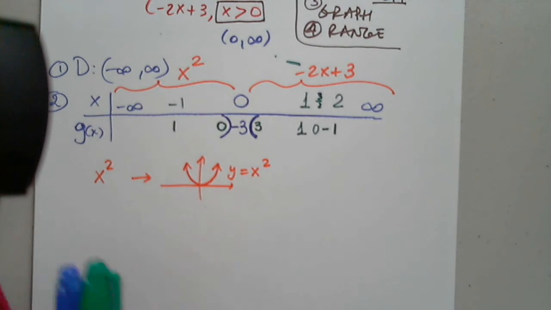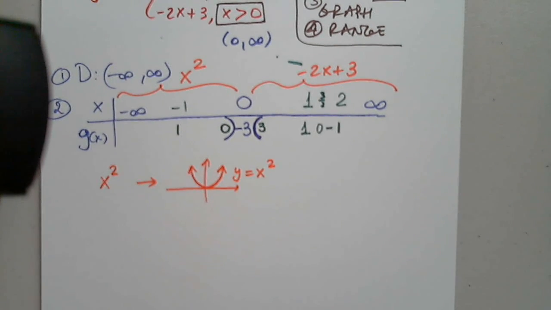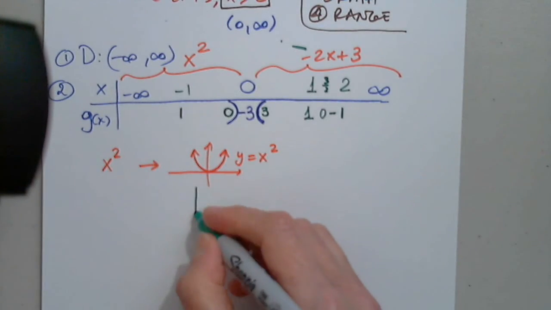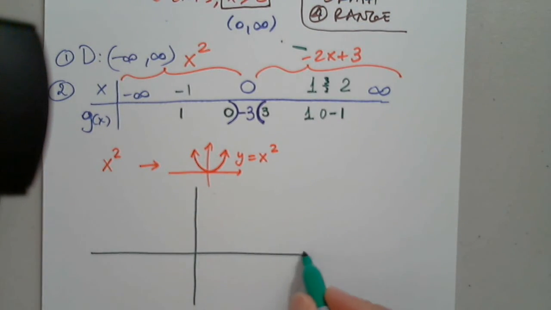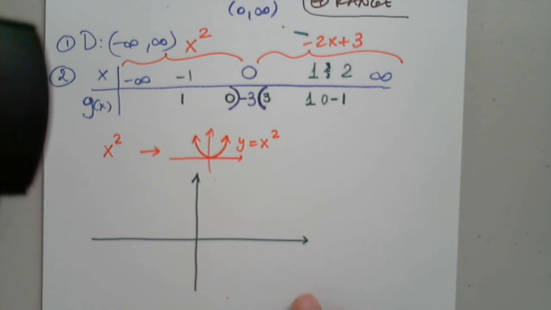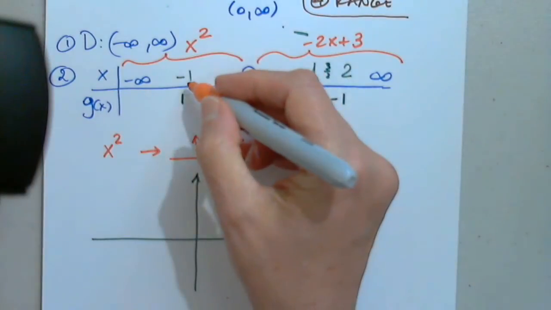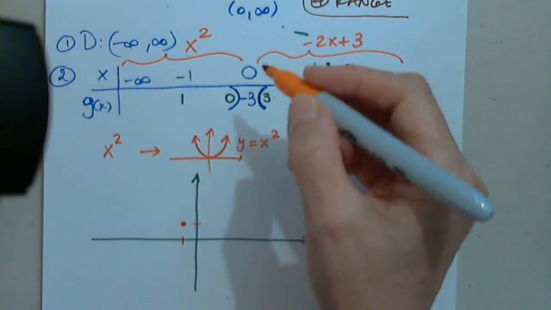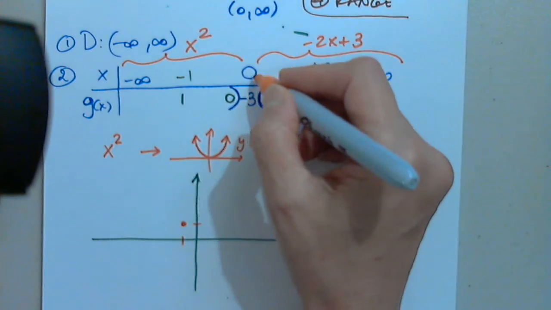I will use 3 colors so you understand that they cannot overlap. Here it is. That's why I'm kindly asking you to watch the videos. You're going to be very happy when you do. You're going to be way ahead. Okay, so at negative 1 is 1. It's a full point, of course, but 0, 0 is not a full point.